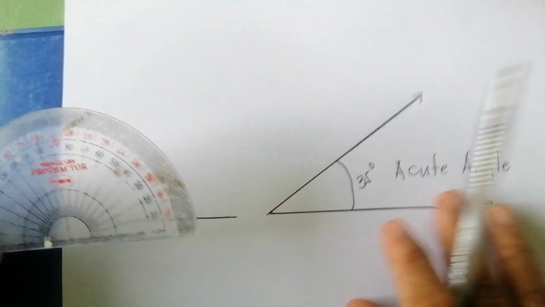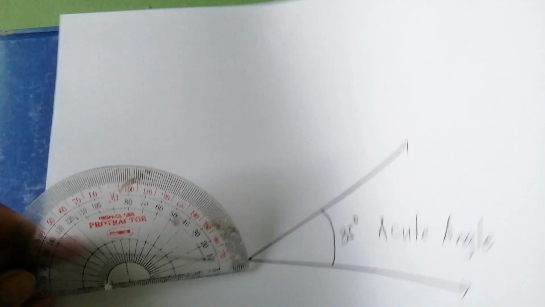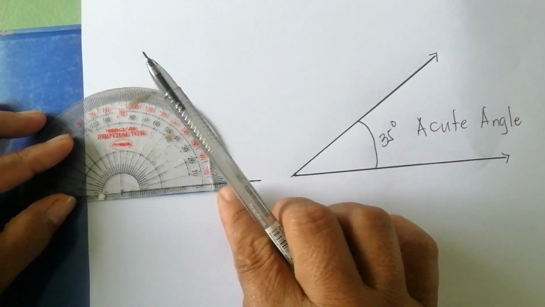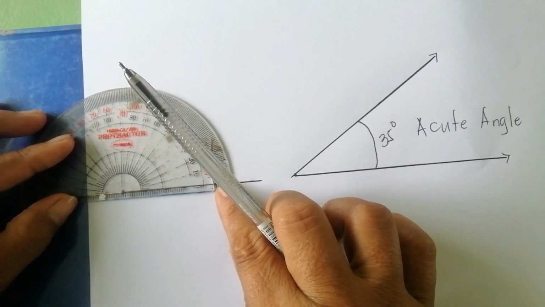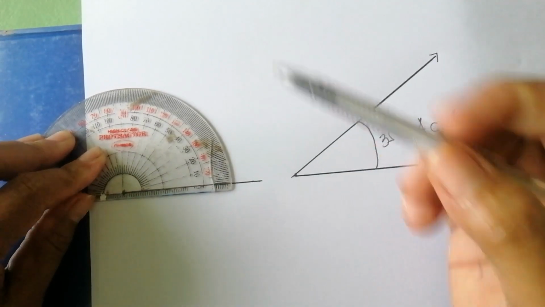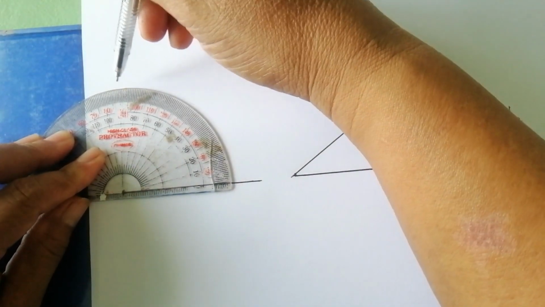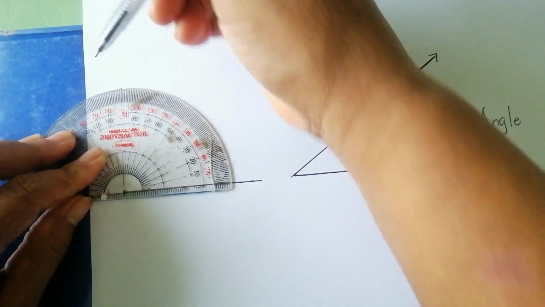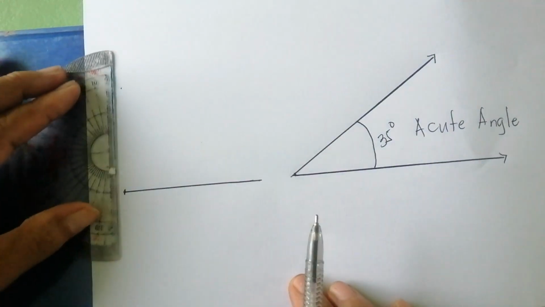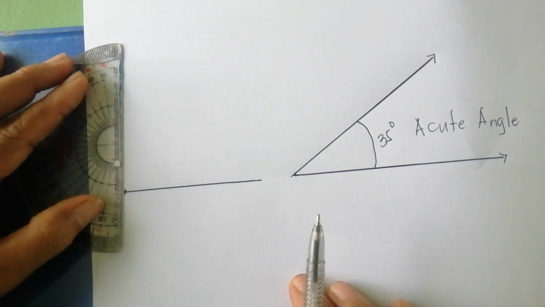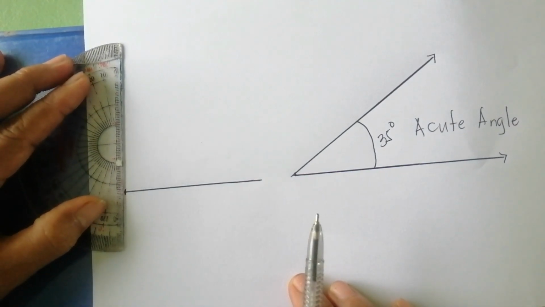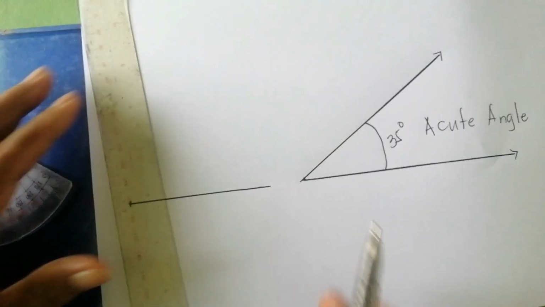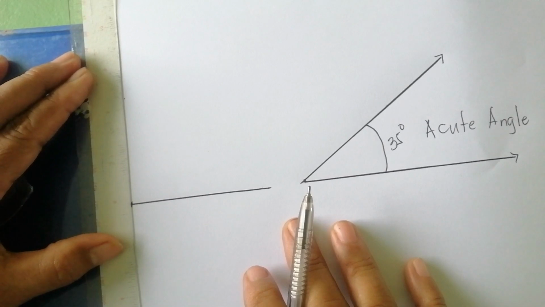So again, as I said, we have to place the protractor over the horizontal line that we have just created, this one. Then, again, mark a point at 90 degree angle, this one. Okay, and then join or connect this one with a ray or a line, and that is a 90 degree angle.